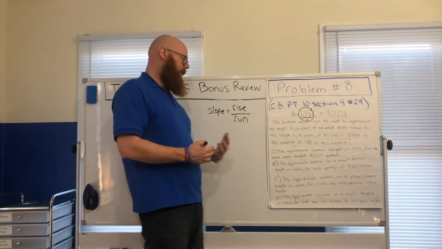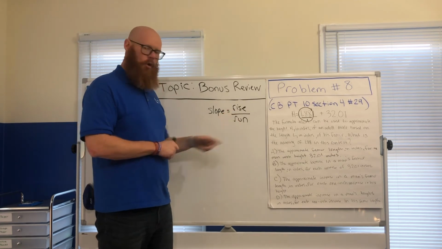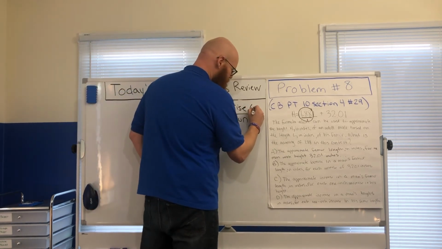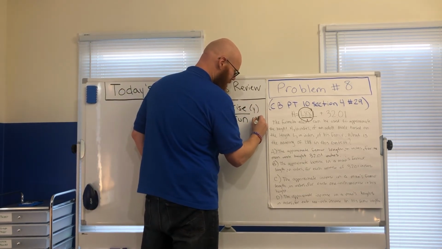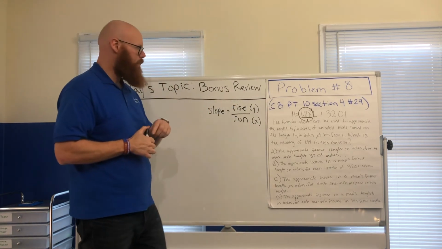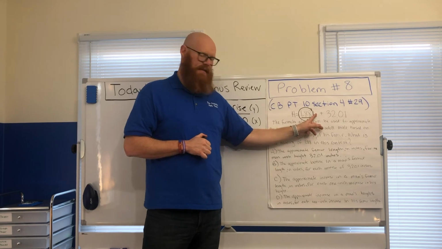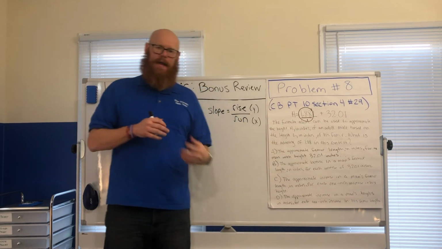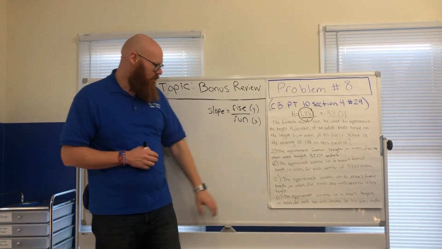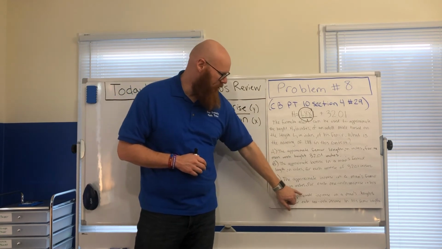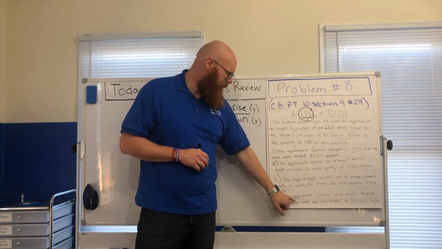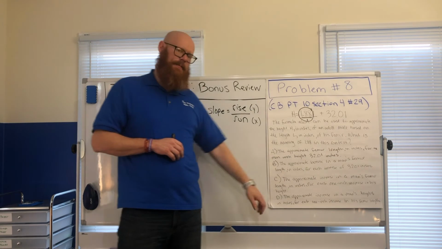Well, you've got to look even further. It's rise over run. Rise is the y, run is the x. In this problem, the y is the height and the x is the femur length. So we're increasing the height. So that leaves us with D, the increase in a man's height for each 1 inch increase in his femur length.